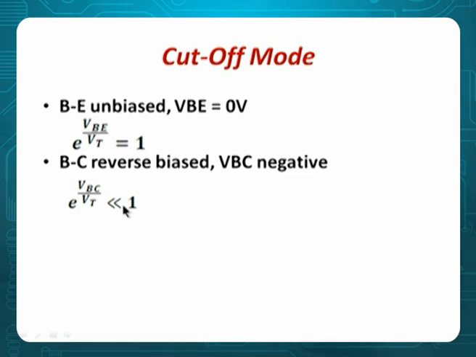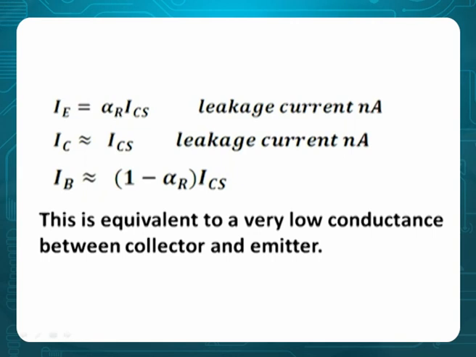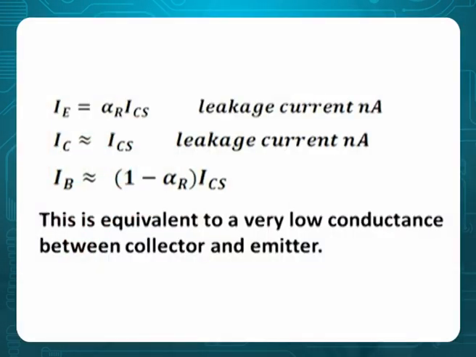If you substitute those values, you will get IE, IC, and IB. This is equivalent to a very low conductance between collector and emitter. That means there is less conductivity, automatically no conductivity, that means off. That's why cutoff mode is generally called off mode.